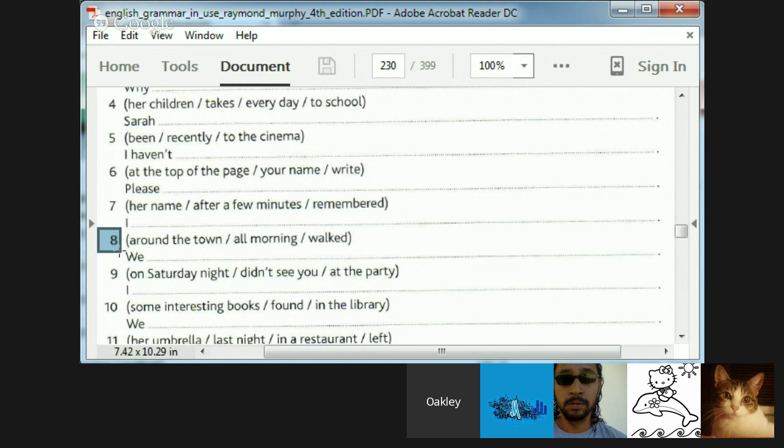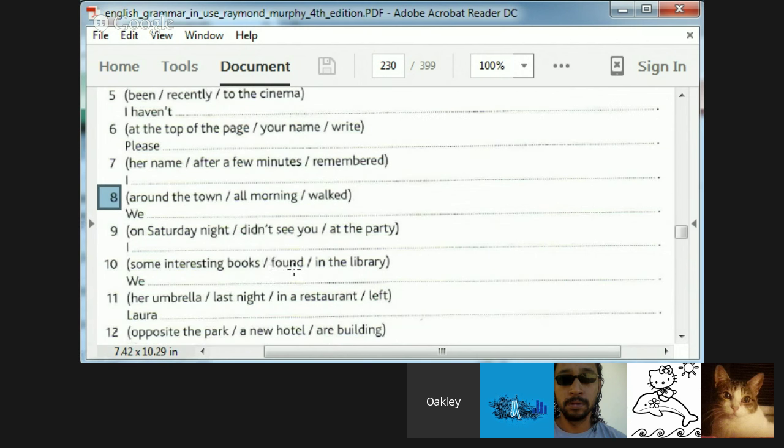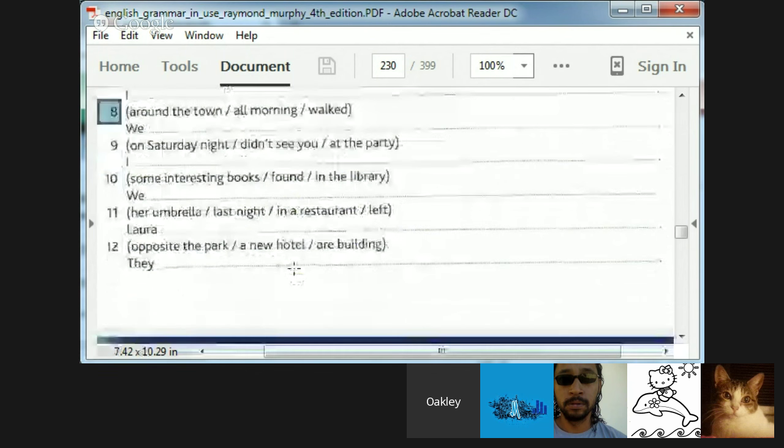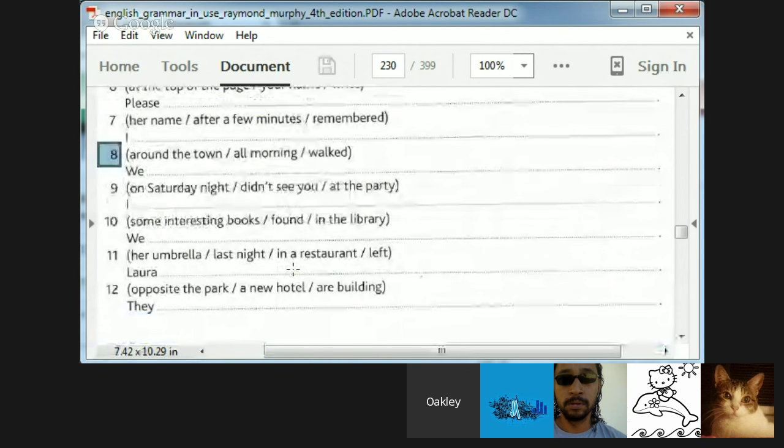Yep, absolutely. And it really doesn't change anything. Okay, Mark, number 8. We walked around the town all morning. Around the town, all morning. Place and then time.